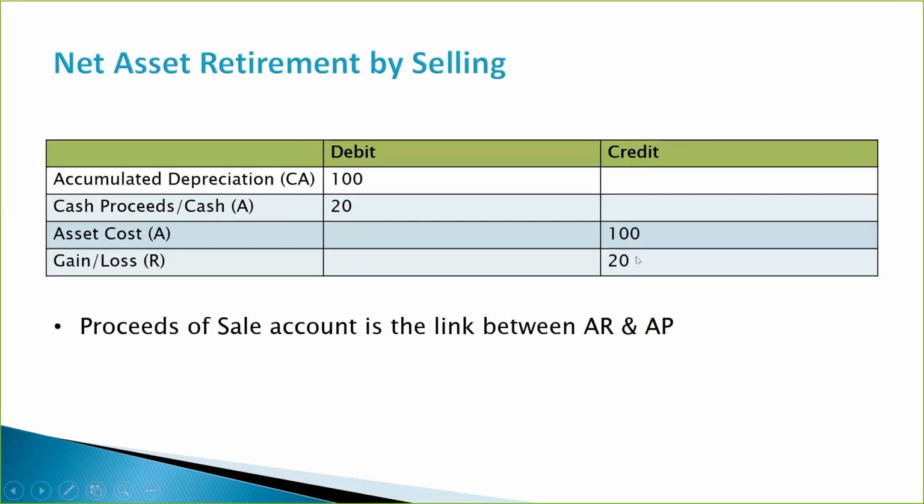It's a gain because according to your books, this thing shouldn't have a value, right? But you're still selling it for some value here. So that's why it's a gain. And again, proceeds of sale is the link between AR and FA. A lot of mistakes in my slides in this session. So this should be FA. Proceeds of sale account is the link between AR and FA.